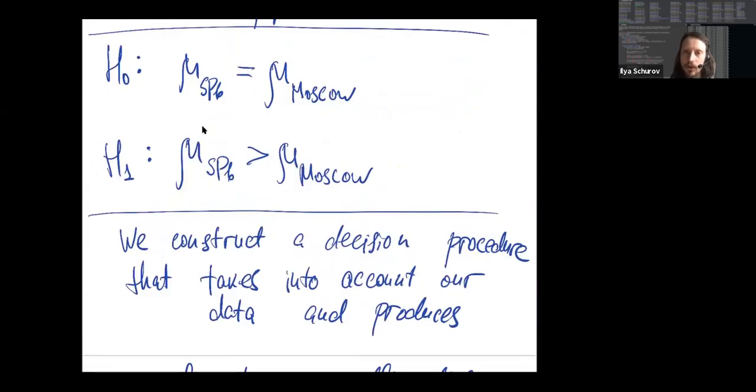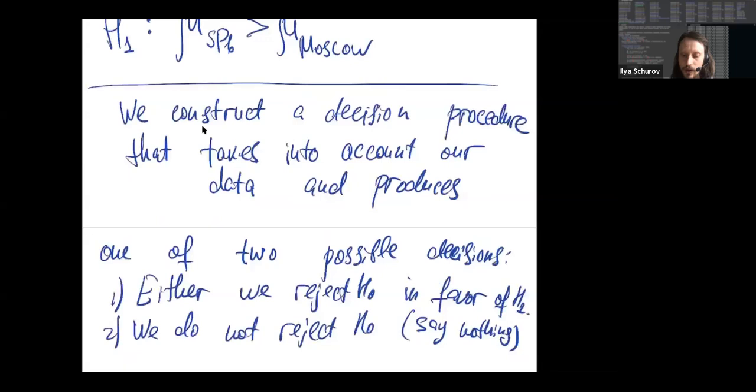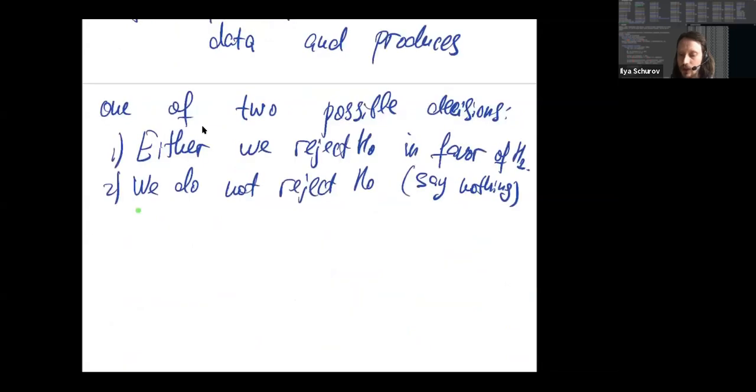In any case, we can imagine a situation when it exists, but it is just too small to be detectable. So this is why when we do not reject the null hypothesis, we do not say that we accept it, and we do not say that we proved that the null hypothesis holds. In this case, we basically say nothing.